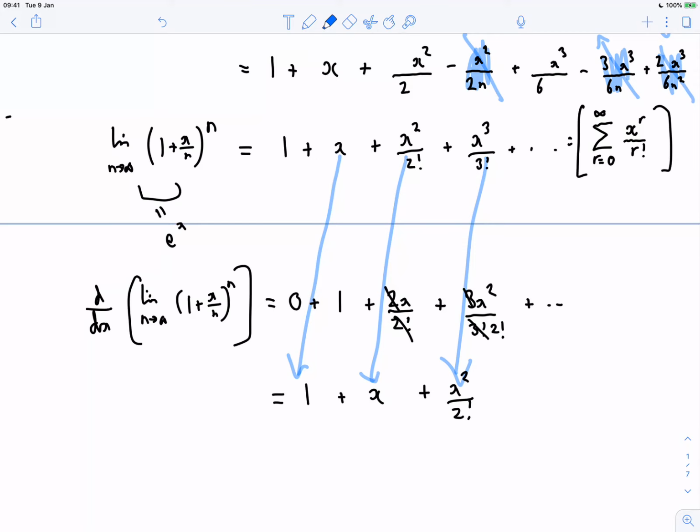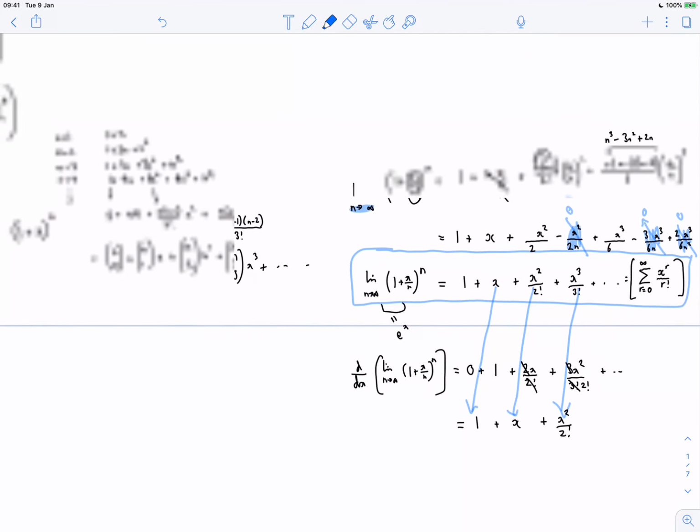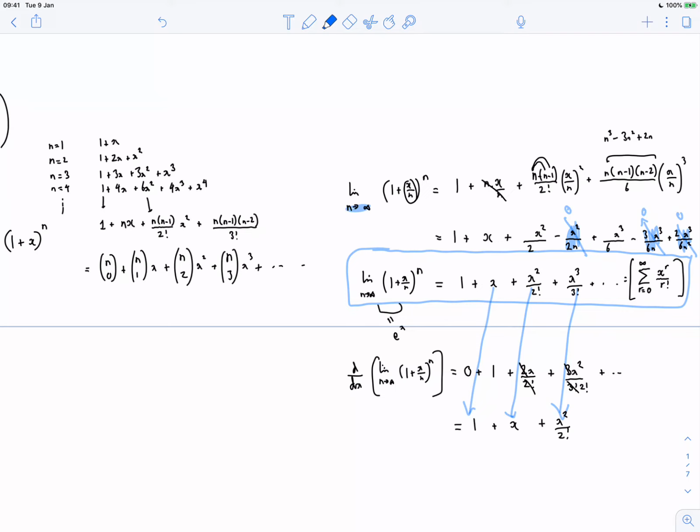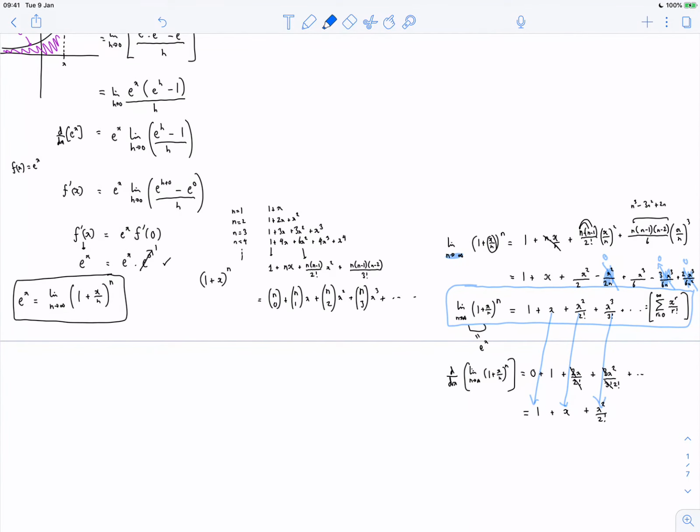So actually, yes, this limit is e to the x. So in a way, I've derived the Taylor series for e to the x by looking at it, hopefully intuitively, from a binomial expansion point of view and telling you it's a limit.